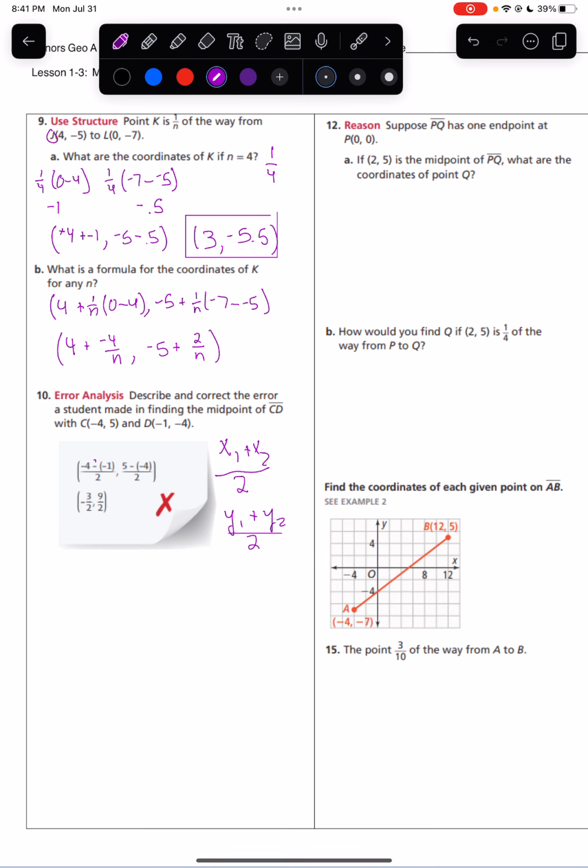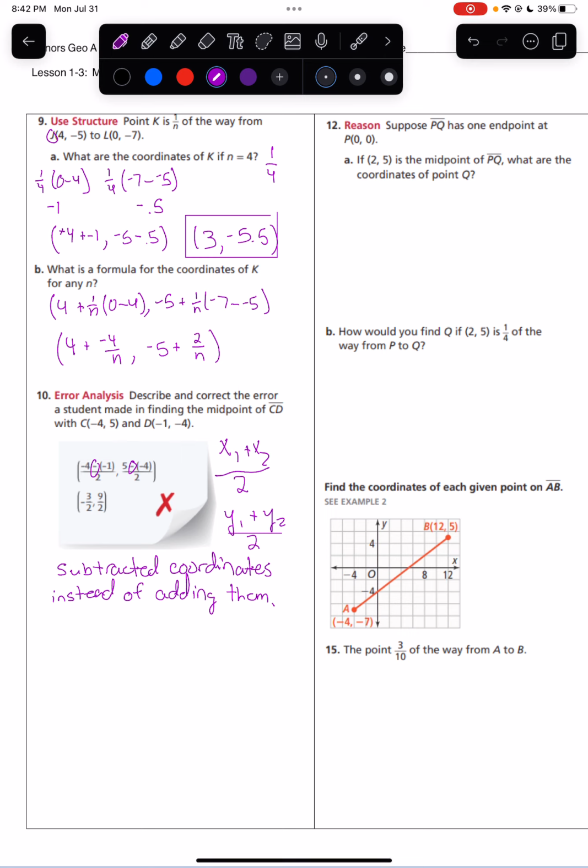They did x1 minus y1 and x2 minus y2. So they subtracted the coordinates instead of adding them. Boy, do I wish my handwriting was better.